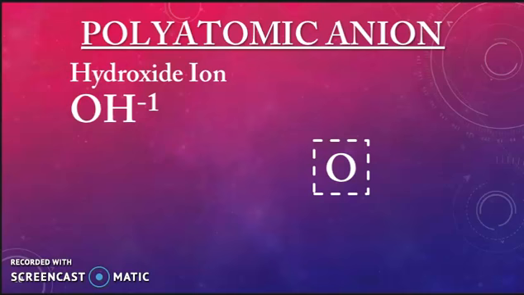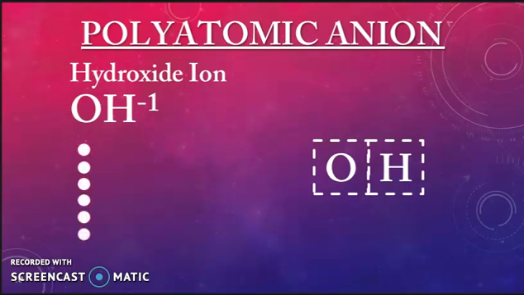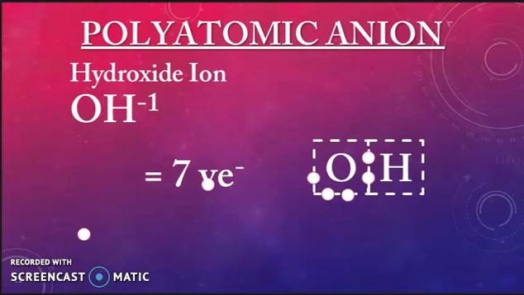So let's look at our oxygen, the O and then the H. Oxygen is in group 6A, so it's going to have 6 valence electrons. And hydrogen, since we only have one of them, it's going to have 1, for a total of 7 valence electrons. So let's place them around our Lewis dot diagram. So there's 2, 3, 4, 5, 6, only 7, but that's all that we had.